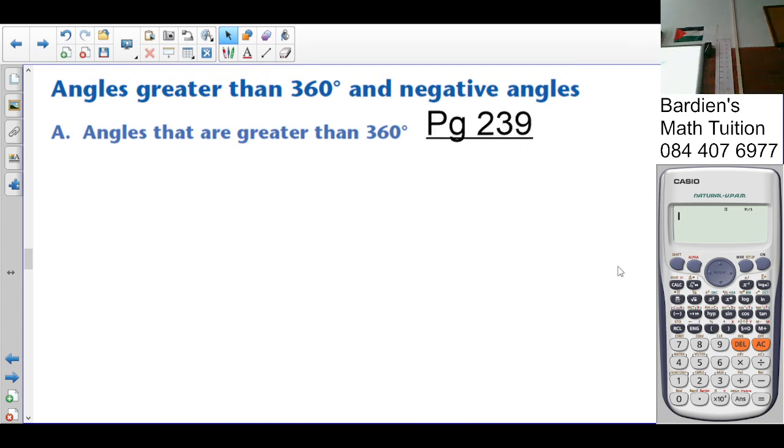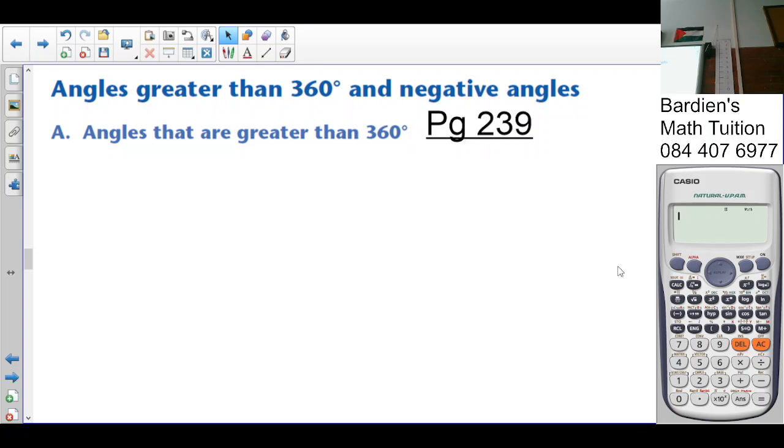Okay. So now we're looking at angles that are greater than 360 and negative angles.